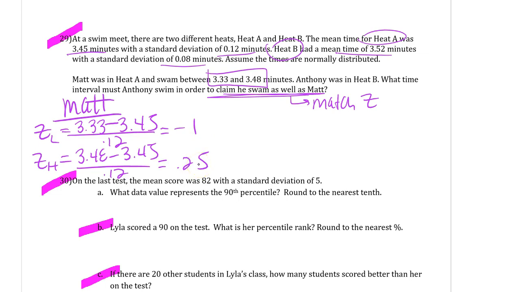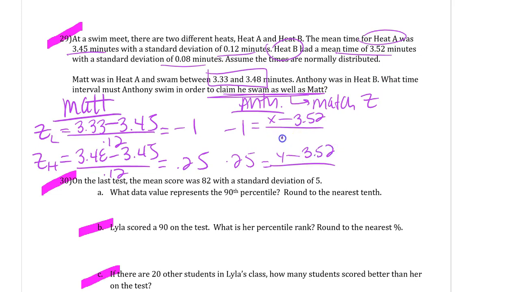Okay, so now Anthony needs to match those. I don't know how he swam. I'll just call them X and Y. But in his heat, the mean was a 3.52. And the standard deviation was 0.08 of a minute. Okay?